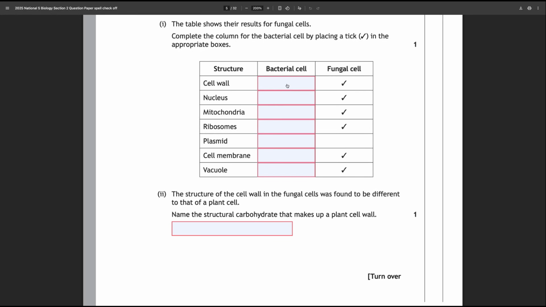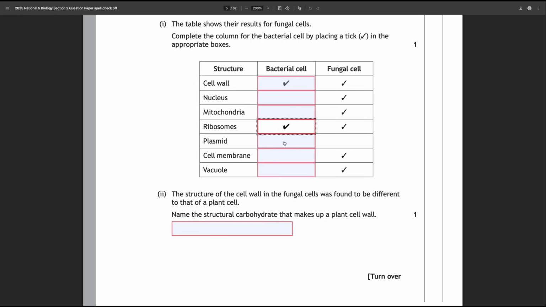So for the bacterial cell, we know that there are 3 cells that have got a cell wall: bacterial cells, fungal cells, and plant cells, so we can tick that one. We know that the bacterial cell is the only cell without a nucleus, so we're going to leave that blank. We know that bacterial cells don't have any membrane-bound organelles, i.e. any organelles that have a membrane, which a mitochondria does, so it does not have that. It has ribosomes because it does need to produce some proteins.